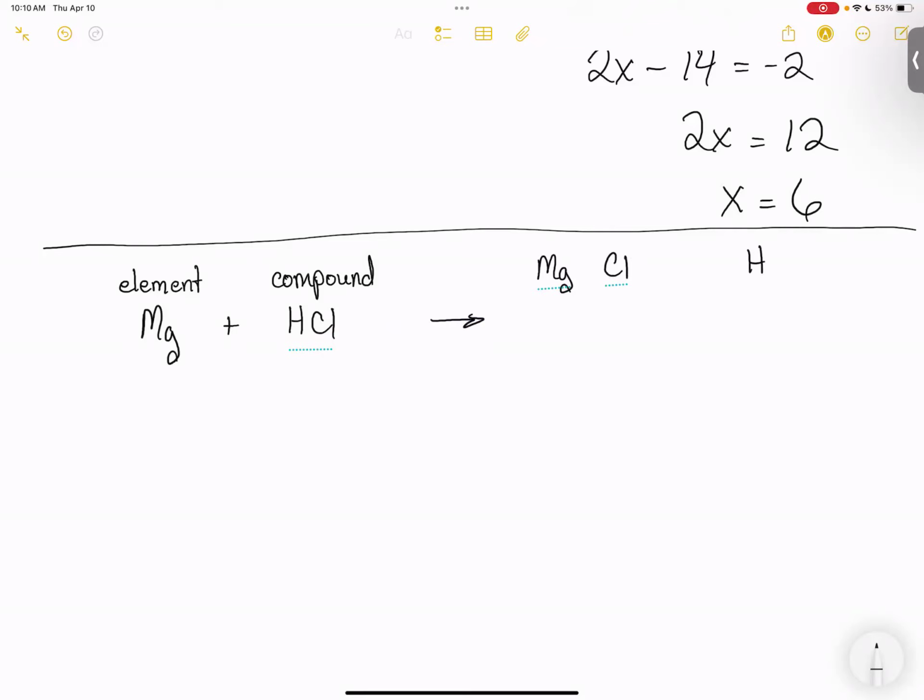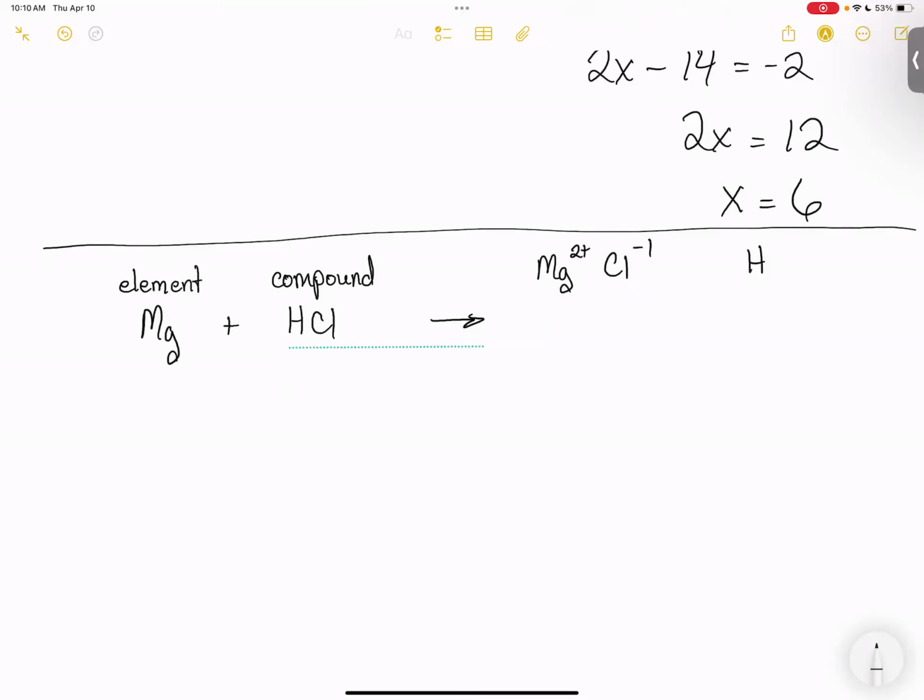Now, what charge does magnesium take when it's part of a compound? It's element 12. 2+. What charge does chlorine take when it's part of a compound? Element 17. -1.